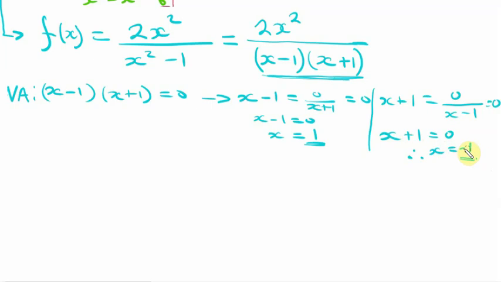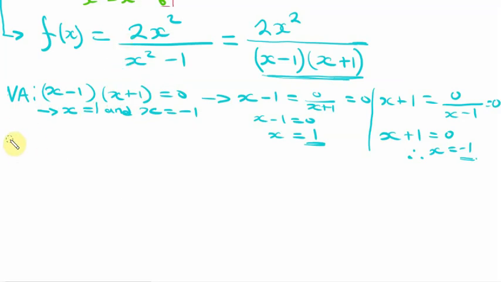So the zeros are x equals 1 and x equals minus 1. So from here we know that the vertical asymptotes lie at x equals 1 and at x equals negative 1. Alright, cool.